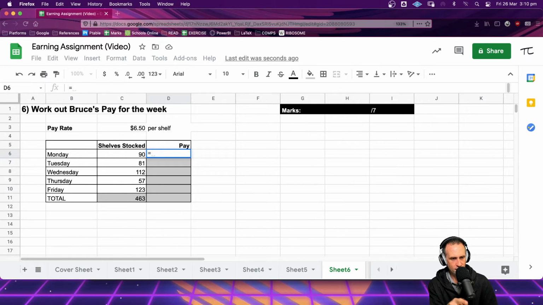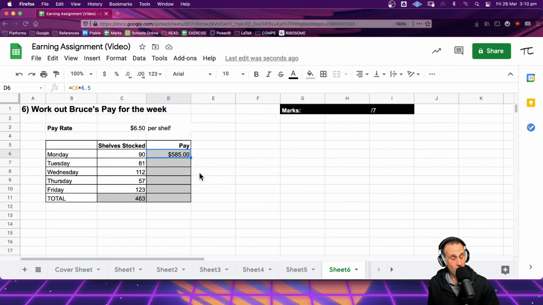Now that 90 there looks to be in column C, row 6. So I'm going to put that there. And I'm multiplying, so I want to put an asterisk. And it's $6.50. There you go. He made $585 in a day. Sounds like lucrative work. I'm in the wrong job.